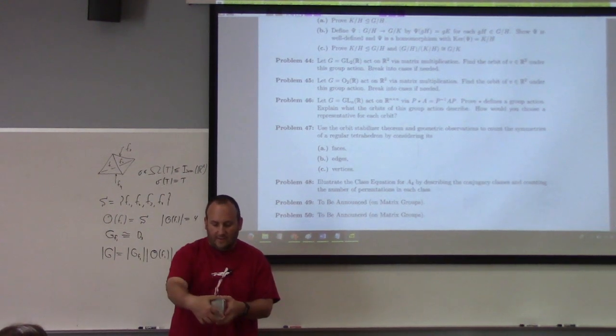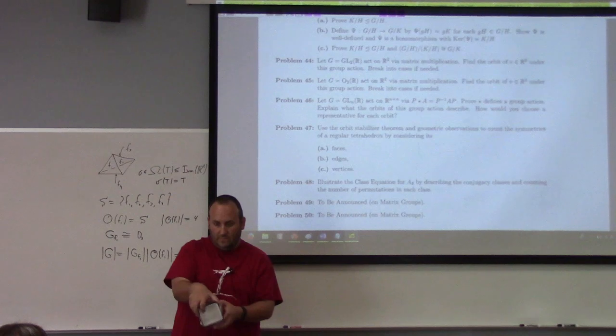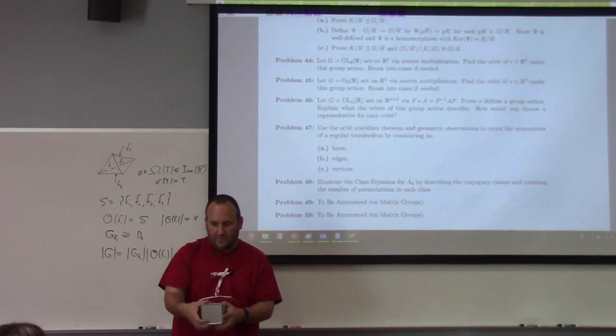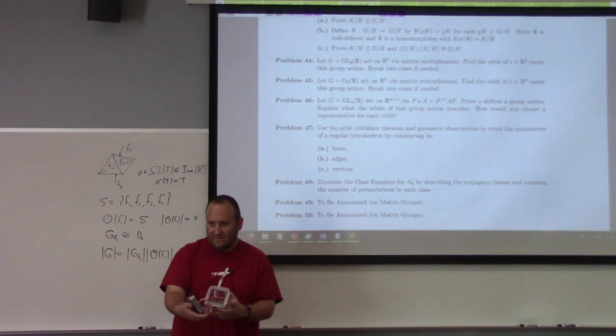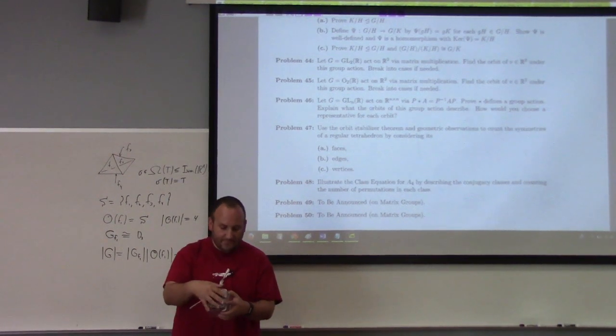Or I can flip it this way. That's a symmetry, right? Or I can flip it end over end like this, or end over end like that. And that's why the stabilizer of a face with respect to the symmetries of a cube is really D4. It's the two-faced transformations of a square.